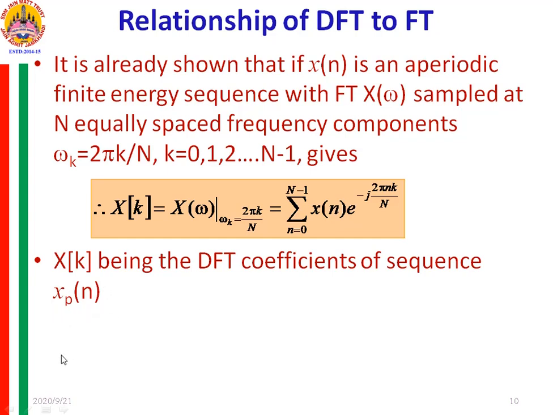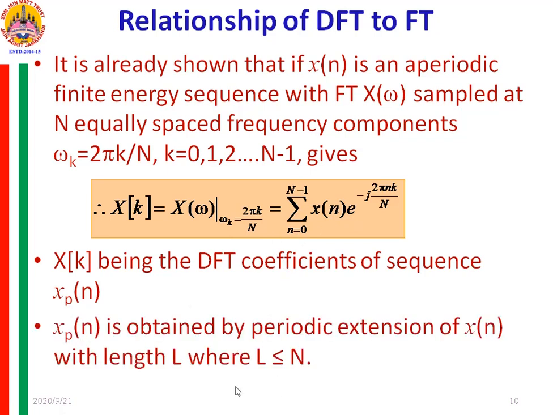Or we assume that it is a periodic sequence x of n, periodically extended, and its DFT is Xk. So x of n is nothing but xp of n for the duration n from 0 to N minus 1. So it is a DFT coefficient of a sequence xp of n or x of n for the duration 0 to N minus 1.